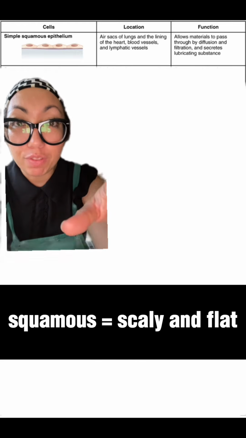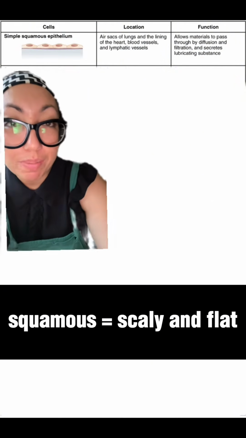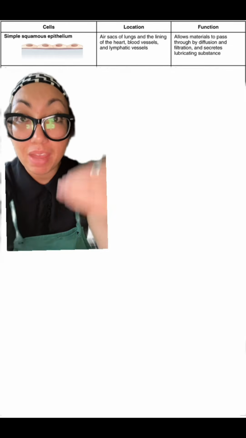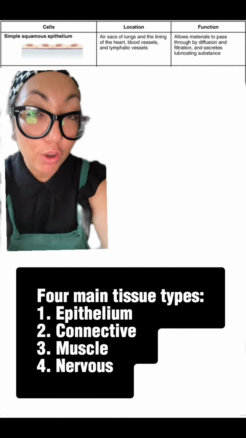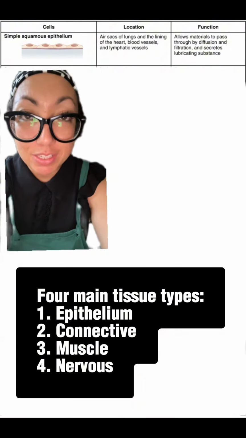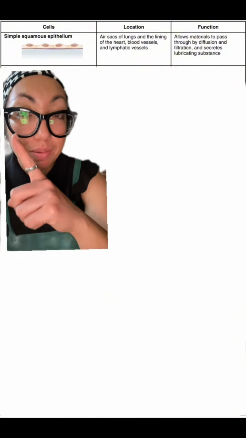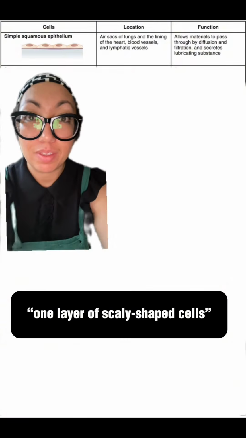Now these are flat, scaly-shaped cells, which is what squamous means. And epithelium just refers to the major category of tissue. Remember, there are three other tissues: connective, muscle, and nervous. So if we translate this, this means one layer of scaly-shaped cells.